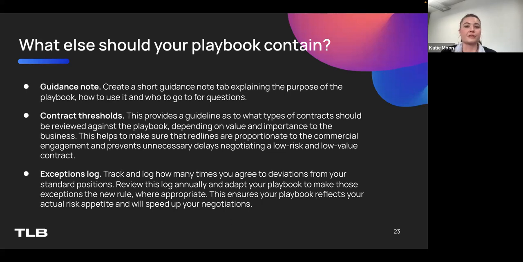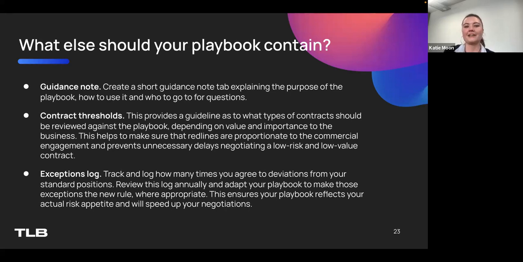So this is a great tool to use for software contracts, high value contracts, contracts that are processing personal data. But you don't want to use this for a £1,000 stationery supplier contract. There's no reason to negotiate that, and it doesn't warrant the rounds of back and forth with the counterparty.